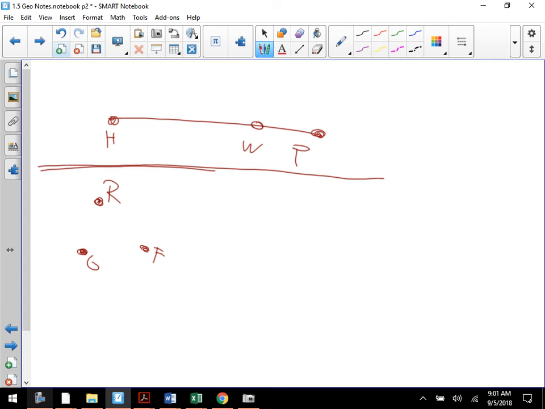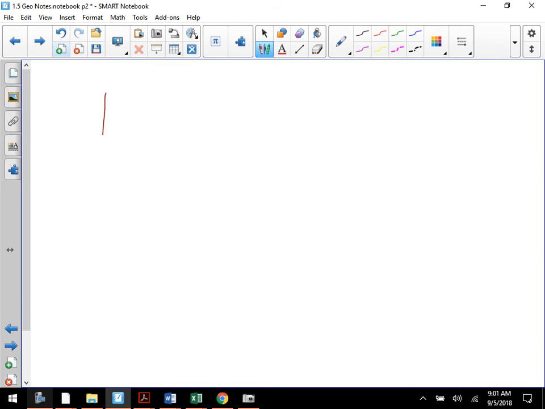And then lastly, segments GN and NB form a right angle. GN and NB, where do those 2 intersect? At N. Why do they have to intersect at N? The endpoint is shared between both segments. So when you draw a right angle, something like that, right?